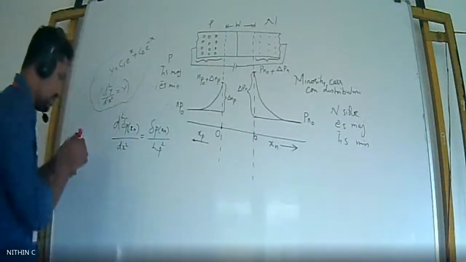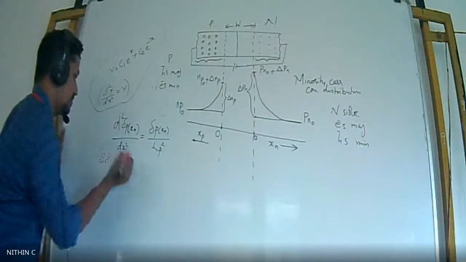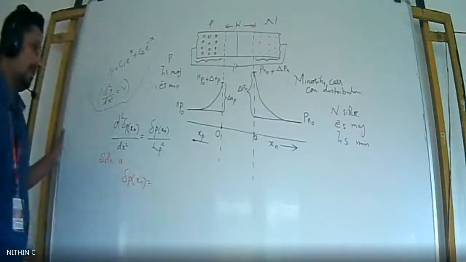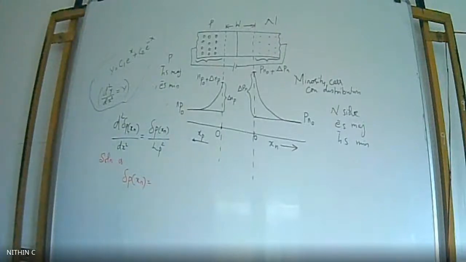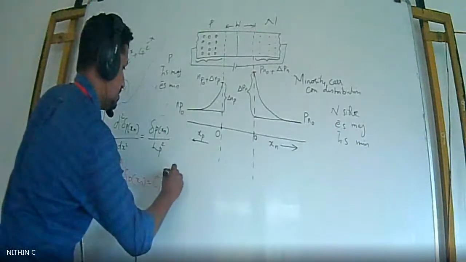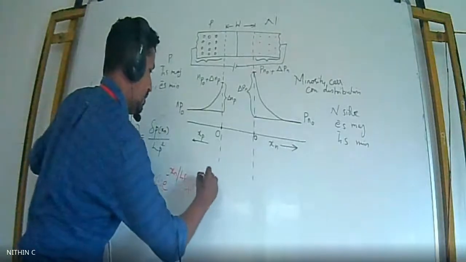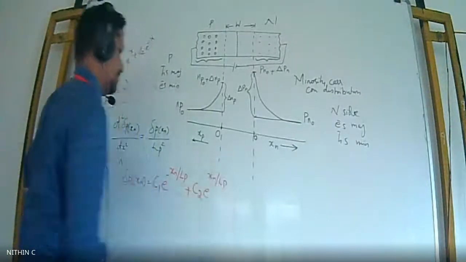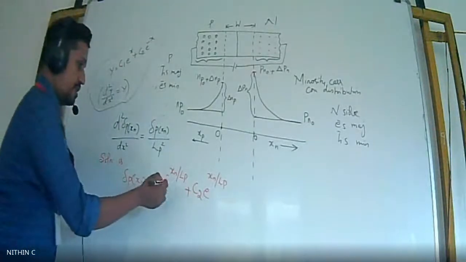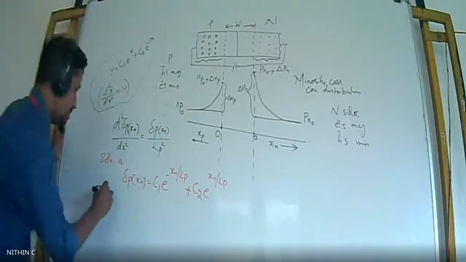The solution of this expression is del pxn is equal to c1 e raised to minus xn by lp plus c2 e raised to xn by lp. Now we need to apply the boundary conditions.